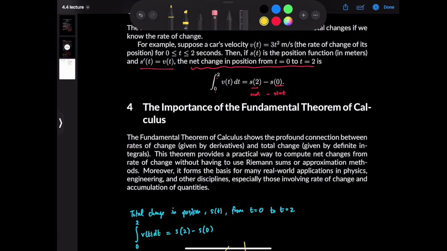And that's all this last paragraph states, is that there is a deep connection here. It's not immediately straightforward that this should be the case, but hopefully from our trajectory in this chapter, following the area and distance problem as our motivation, coming up with a way to approximate that distance traveled by using boxes and seeing that making them smaller and smaller is a better way to go, and that the limit of that must be this exact signed area, and now seeing that that generally applies to the net change of a function over an interval.